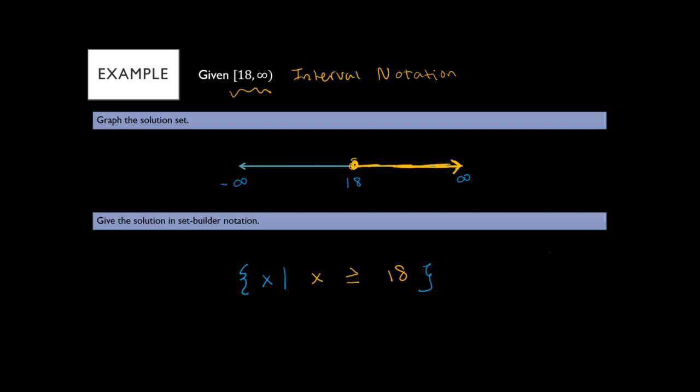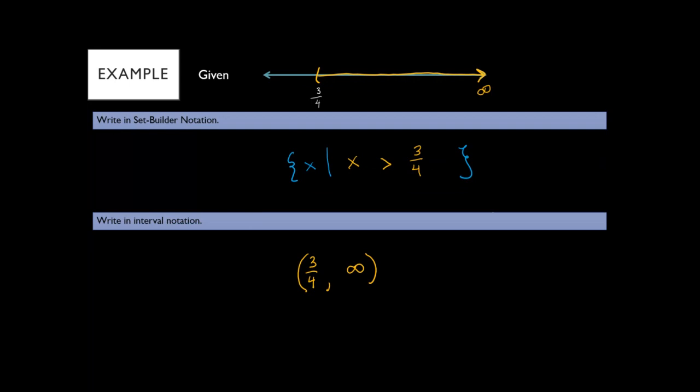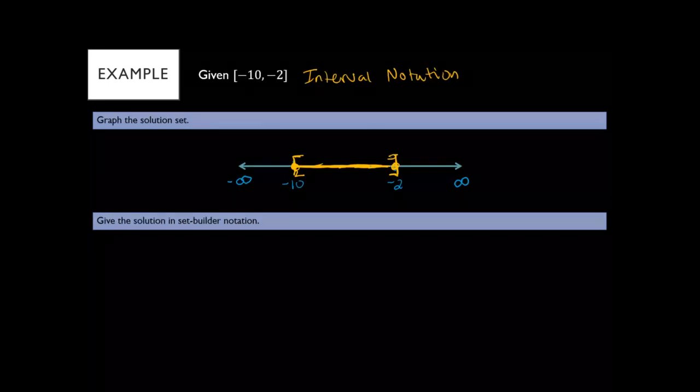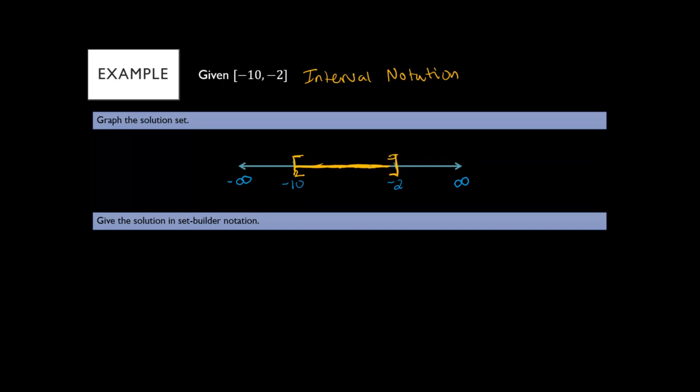So here where we're given a parenthesis, sometimes instead of a parenthesis, it's an open circle like this. So just be aware that sometimes, depending on the type of question, we kind of use them interchangeably. Instead of parentheses and brackets, you'll be given open circles and closed circles. So a parenthesis is the same as an open circle. Bracket is the same as a closed circle. Most of the time we use the parentheses and brackets, but just a side note there. So back to here. Let me erase my little circles, because we usually use the bracket there.